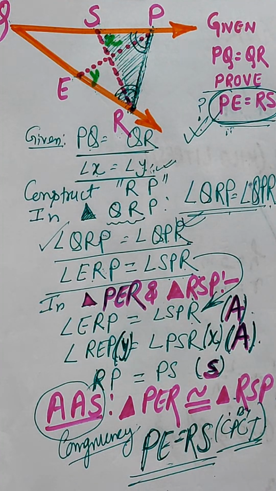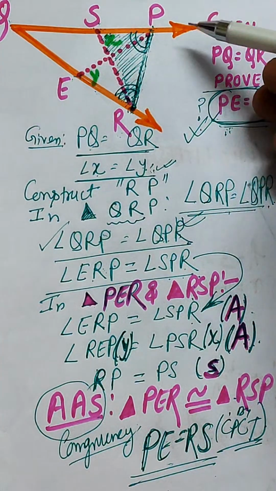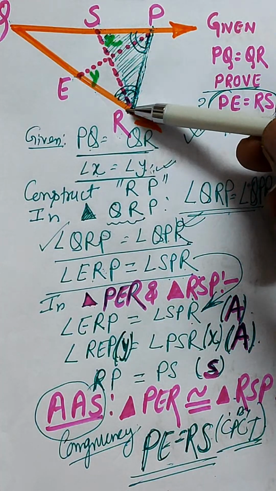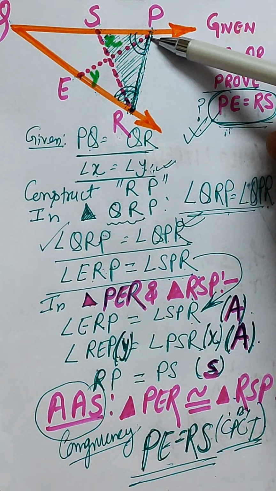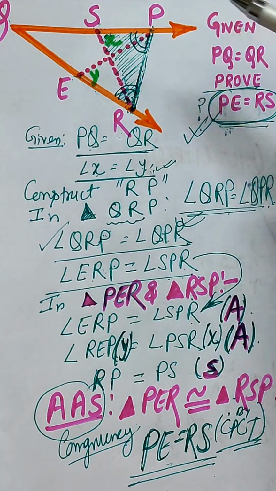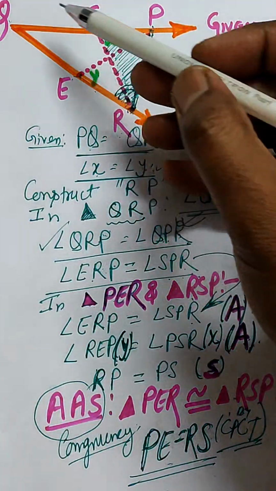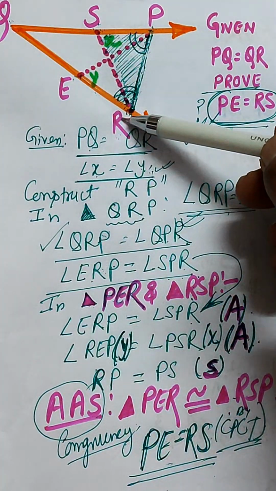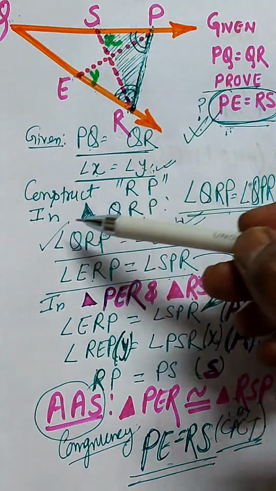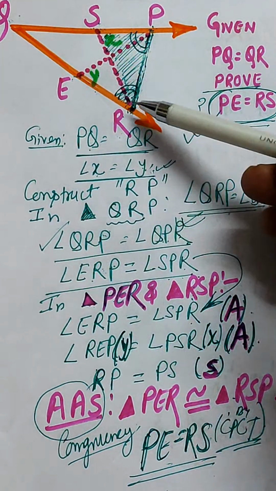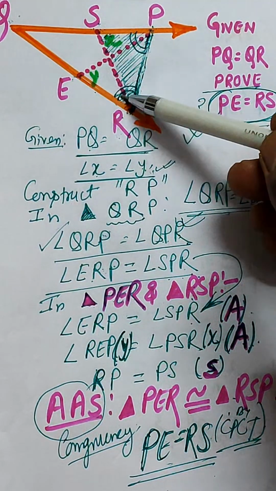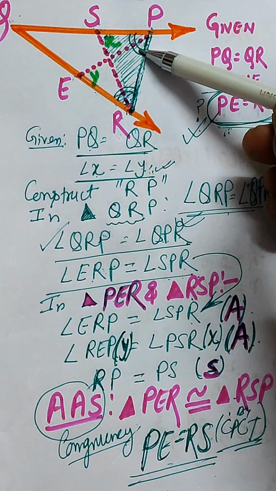So let me quickly go through the steps. We did a construction from R to P, this one, and we know that the bigger triangle is forming here. The bigger triangle, that means QPR or QRP. So in triangle QRP, you can see this bigger angle R is equal to bigger angle P, right?